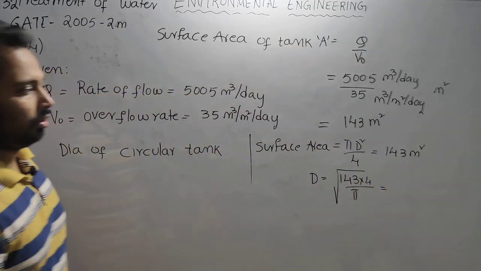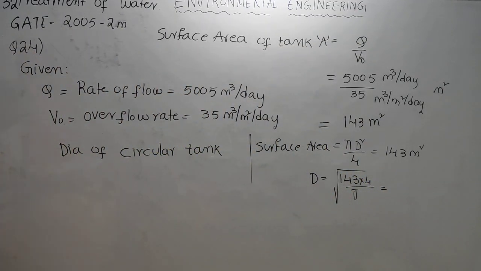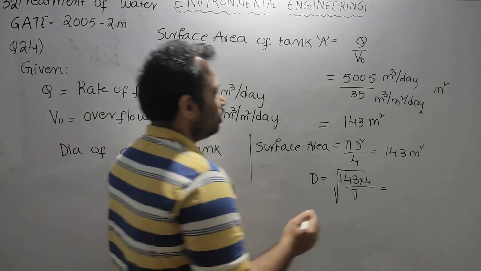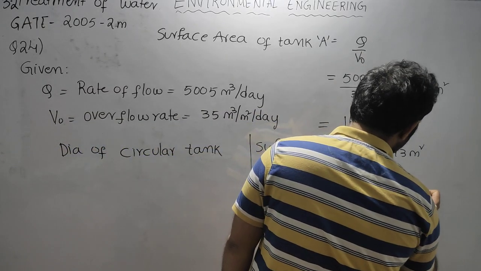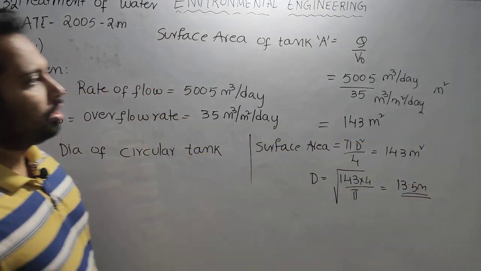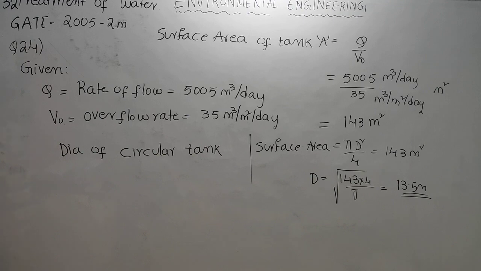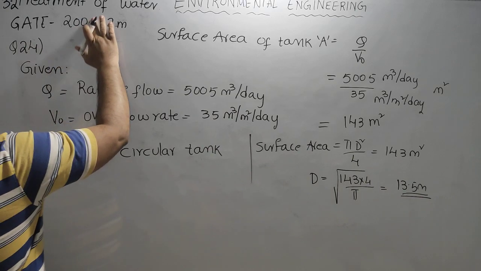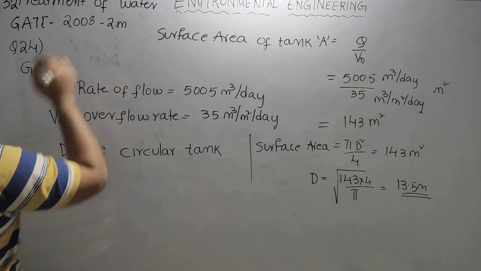If you do this, we will get the diameter in meters, which is equal to 13.5 meters. So this is question number 24. Let us go to the next question, question number 25, GATE 2008, 2 marks.